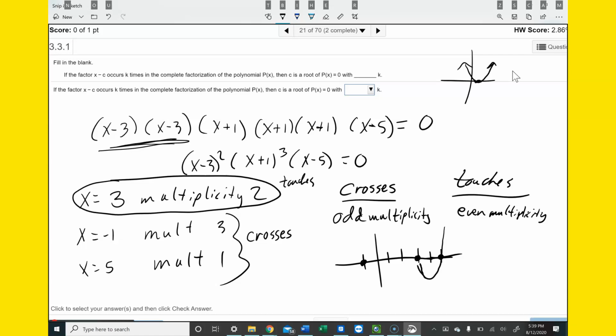So let me draw that a little bit better. It would cross at 5. It would only touch at 3, touch and go the other way, and then it would cross again at negative 1. So I would know at least that much about my graph. Okay, so that's what the multiplicity is about.